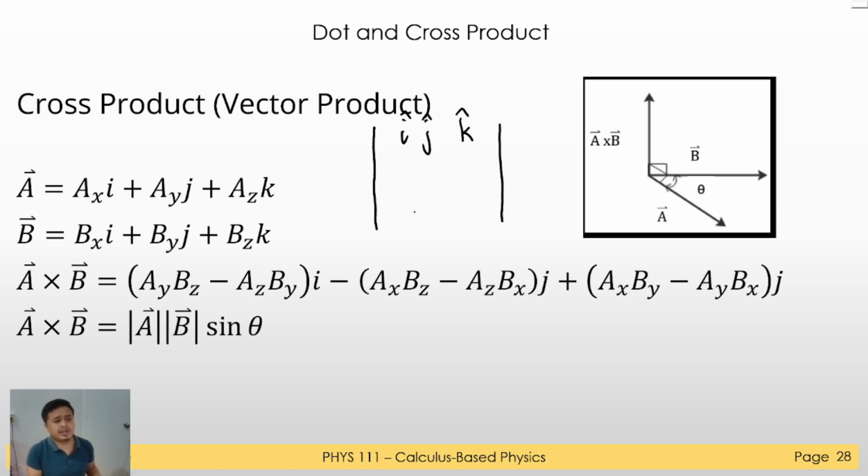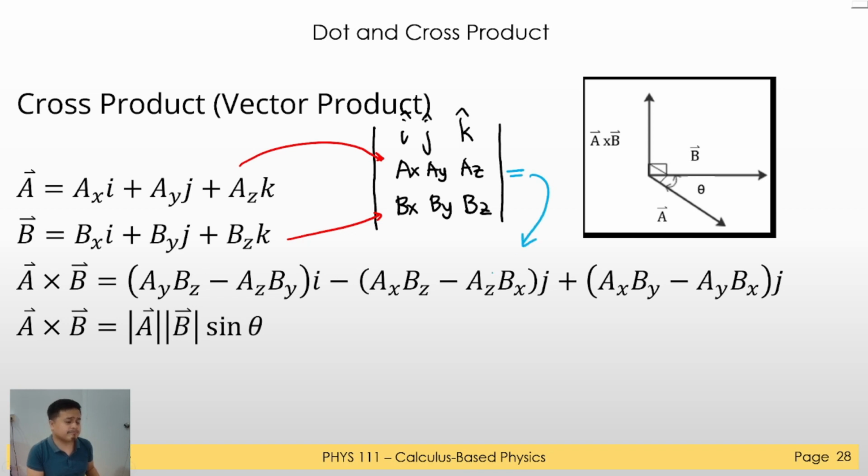So what we do here is, let's say we have two vectors, ax, ay, and az. I'm sorry for that. And then we have bx, by, and bz. So these two rows represent two vectors. For example, this one is vector A and this is vector B. So if we evaluate this determinant, this will be equal to this.